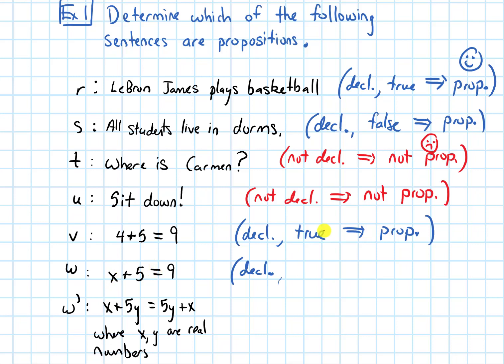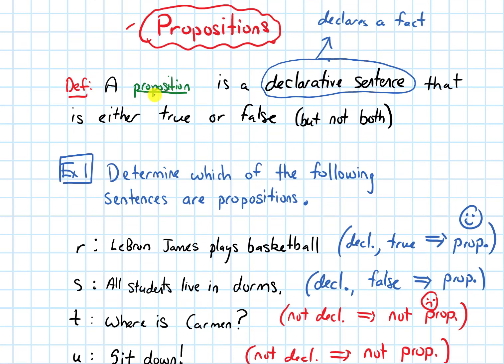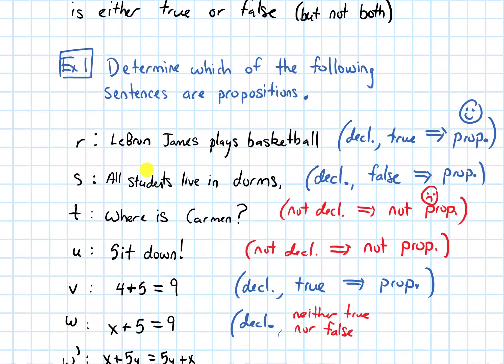So this is neither true nor false. For me to say it's true, it would always have to be true, and for me to say it's false, it would always have to be false. But I can't say that definitively about this sentence. So this doesn't satisfy the second thing that I need for something to be a proposition. It doesn't have just one exclusive truth value. So this is not going to be a proposition.